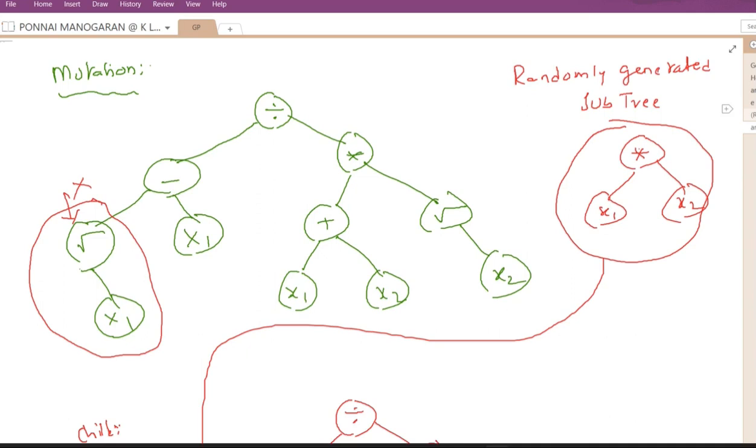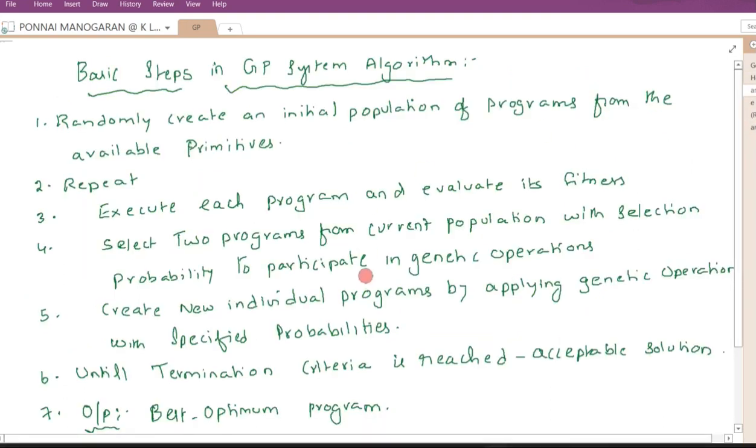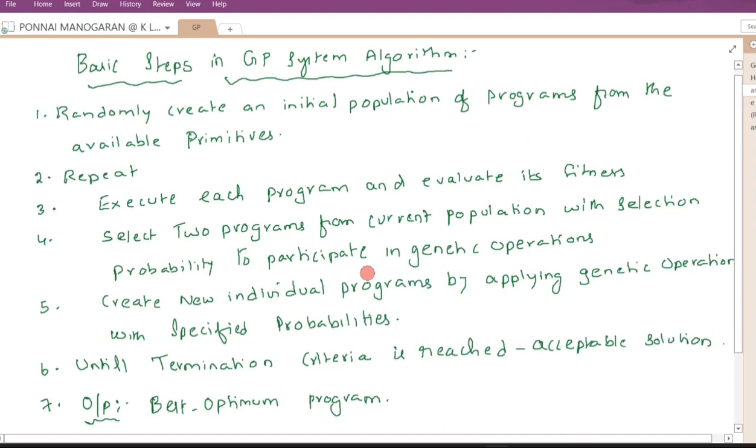Okay, so we have learnt how genetic programming works, how programs are represented using a tree data structure, and how mutation operators and crossover operators are performed. We have learned successfully. So I think it is easy to understand. Once it is easy to understand, you can follow all these steps to produce an optimal program.